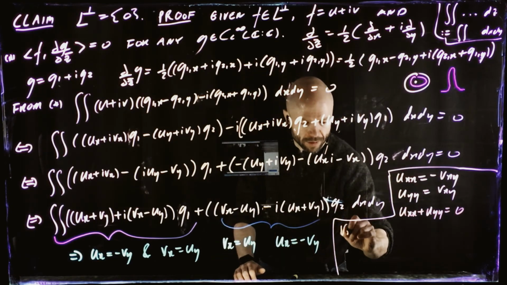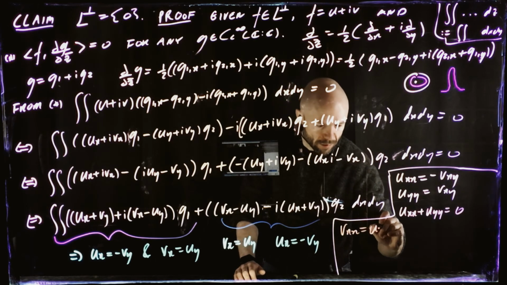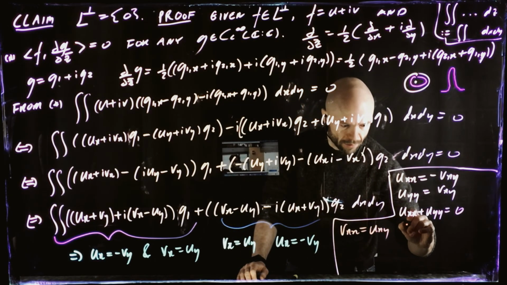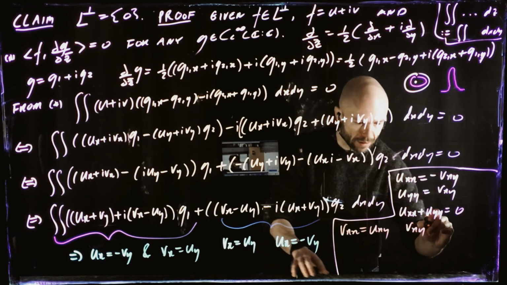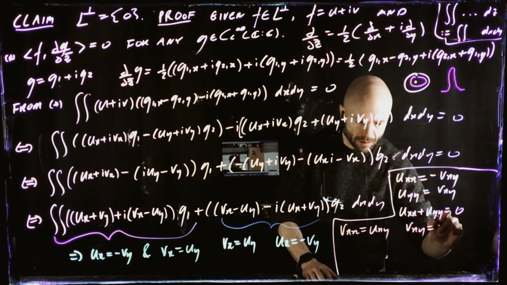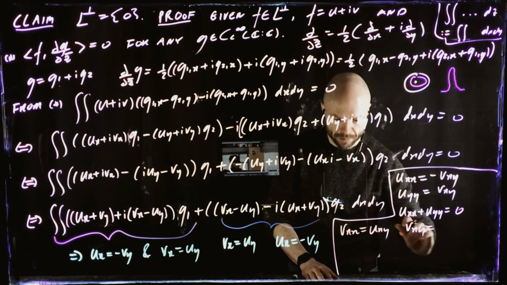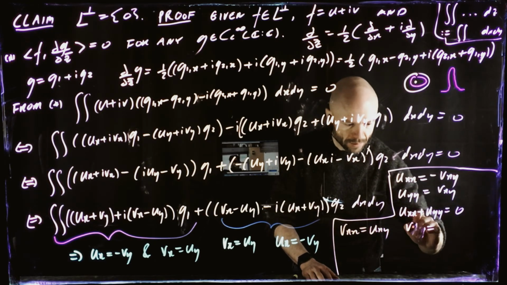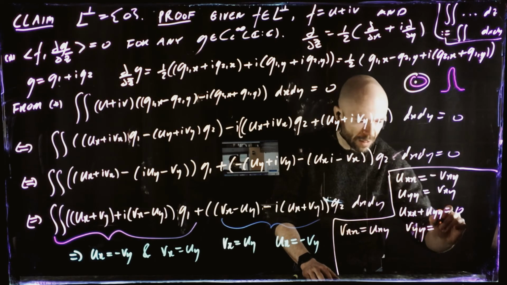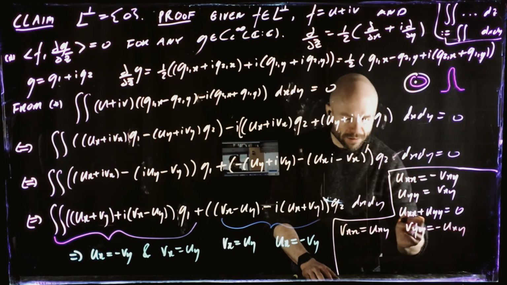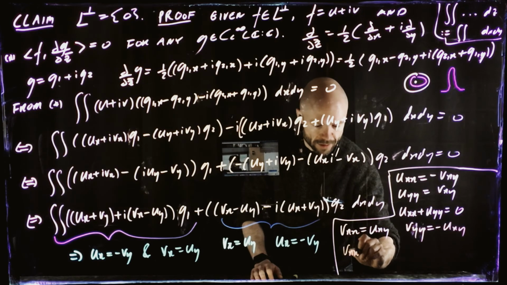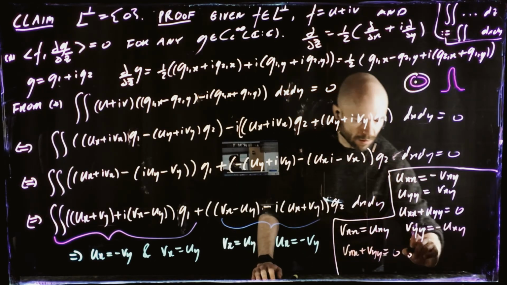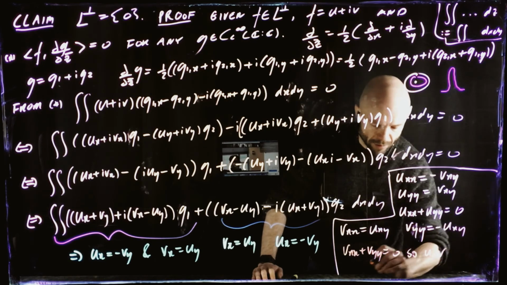So v of xx equals u of xy, and v of yy is minus u of xy. Then we add them together, v of xx plus v of yy equals 0. So u and v are harmonic.